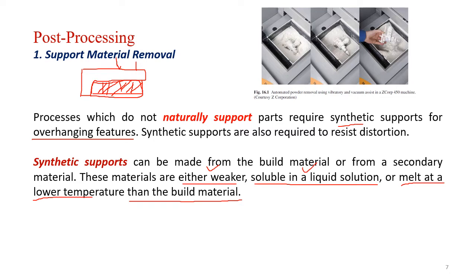So these are the types of support removal methods applied in additive manufacturing. There are many more support material removal techniques which are applicable on a commercial scale, like sandblasting, vacuum cleaning, or sometimes brushing of these materials. Those are also possible.